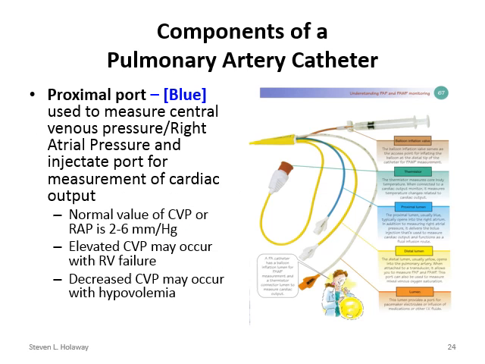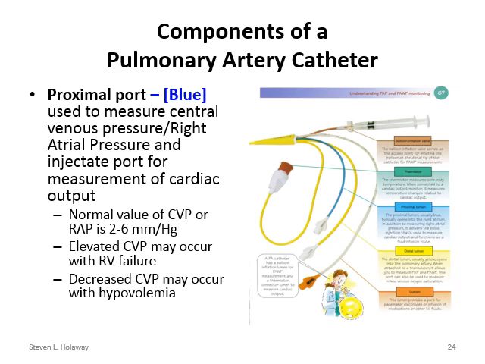Okay. So the proximal port is used to measure the central venous pressure we've talked about, and also to read the pressure of the right atrium. Normal value of the CVP, according to your Lippincott book, is 2 to 6 millimeters of mercury. Now, an elevated CVP usually means either fluid volume excess or some type of right ventricular dysfunction.